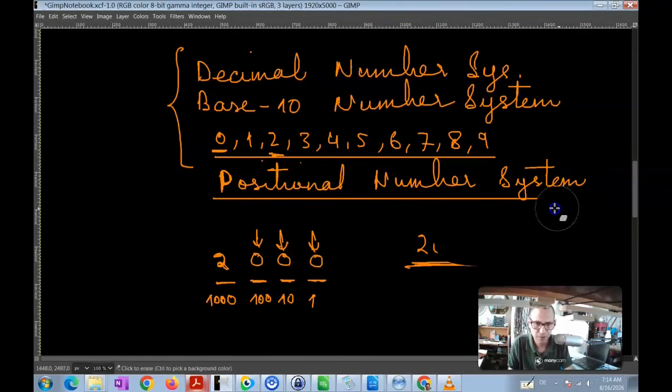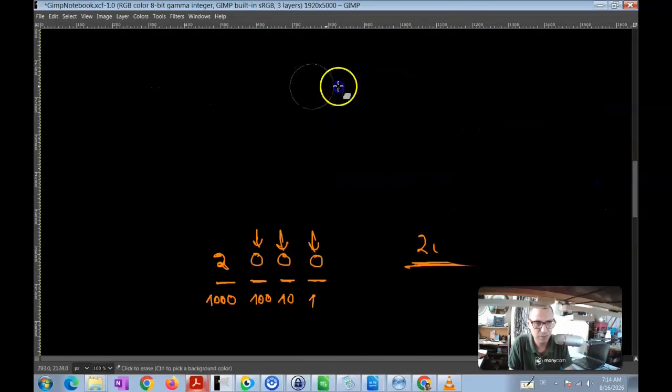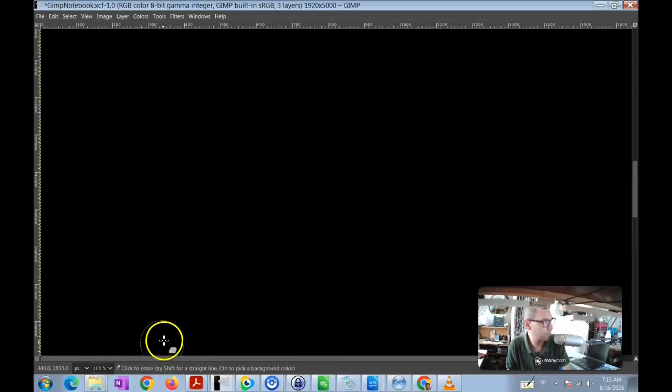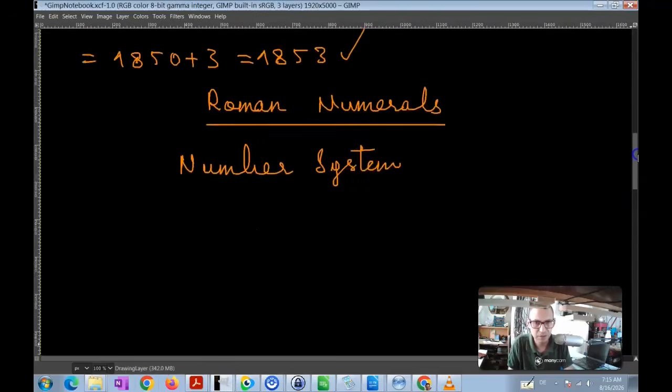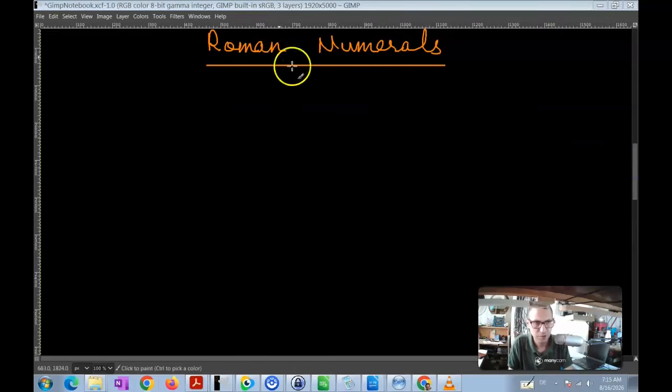Now the Roman number system is not a positional number system, and instead you have the additive and subtractive principle in this number system. Let's call it the Roman number system.